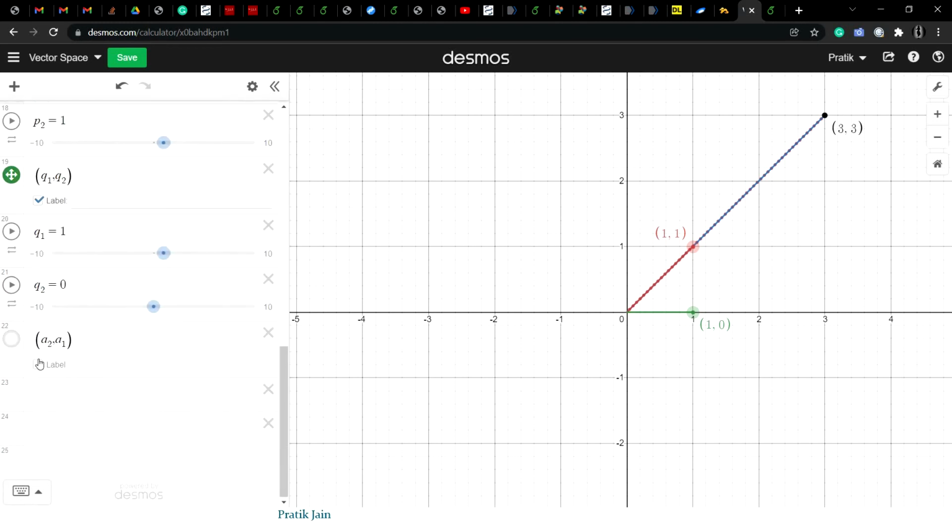And that's the case. I can span the entire R2 space by these two vectors. Now this is only possible because these two are linearly independent. These two are different things. So only when you have two different vectors can you span the entire space, right?